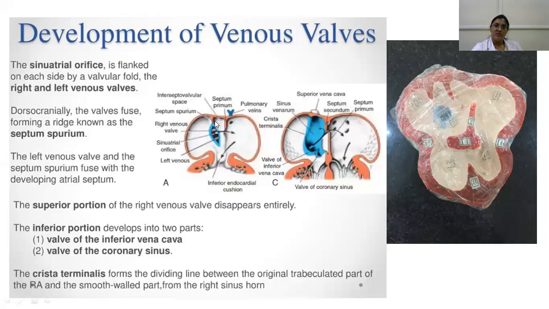And these are the two valves, right and left venous valves. So this is flanked by these two valves, and then these will be fusing above. This is septum spurium. The left one will be merging with the septum secundum which forms later, and this one will be forming the valve of the inferior vena cava and the coronary sinus. So the fate of each they will be asking you, what happens to it.